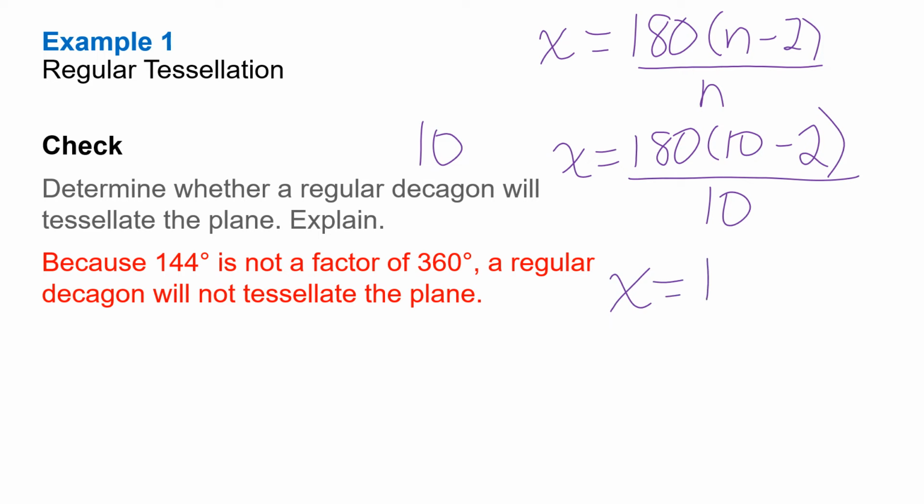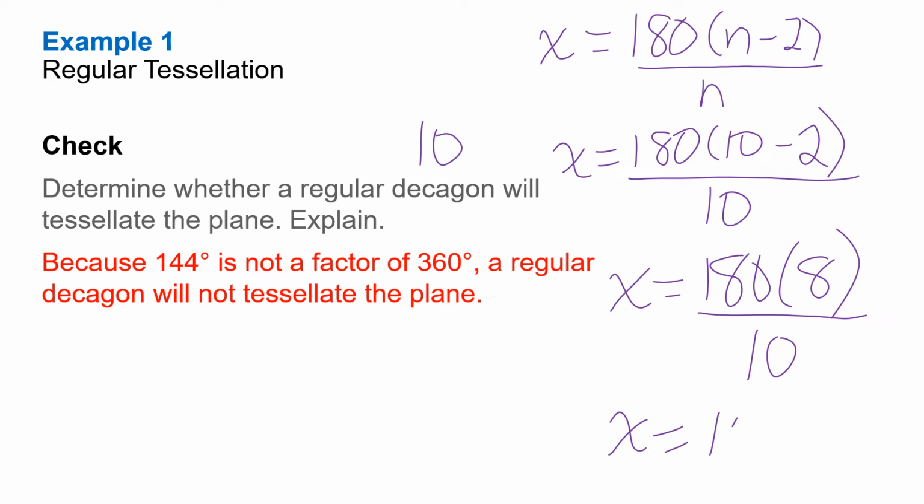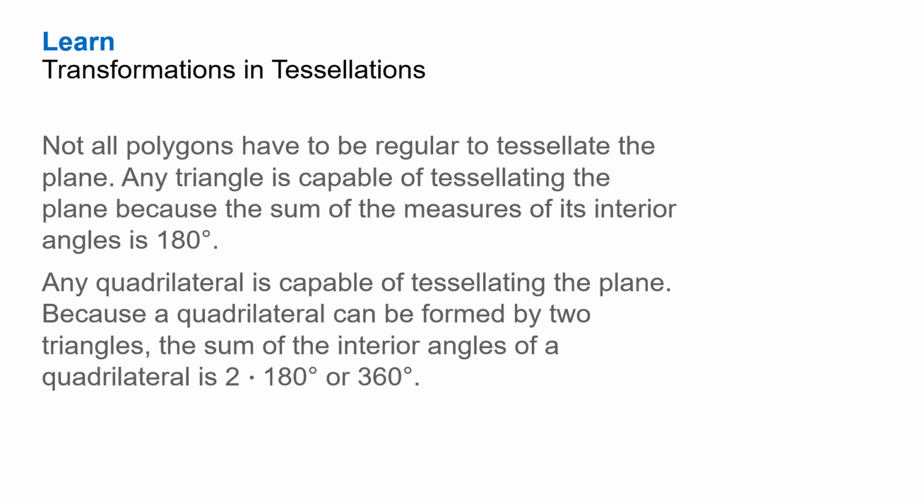X equals 180 times 8, because 10 minus 2 is 8, divided by 10. So x equals 1,440 divided by 10, and 1,440 divided by 10 is 144. Because 144 is not a factor of 360, a regular decagon will not tessellate the plane.